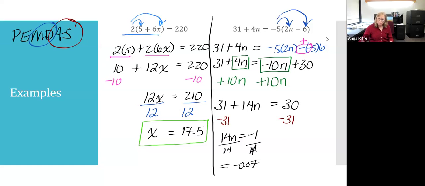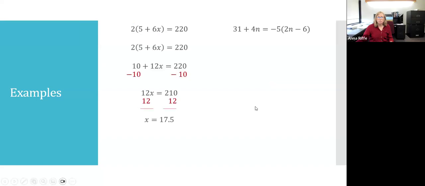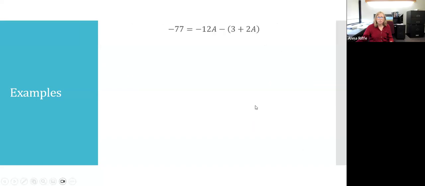Let's move on to this problem. There we go. And I'm going to give you a hint on this one, and then I'll let you see if you can work through the details. There is a negative sign out here. There is a set of parentheses, but I have to note that there is technically a number being multiplied by that set of parentheses.